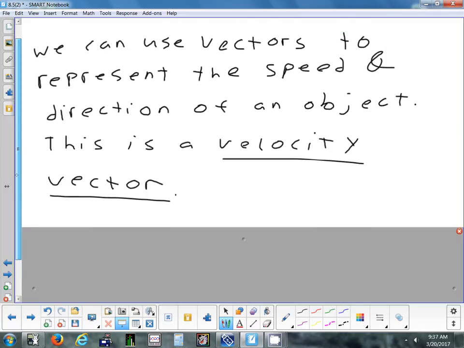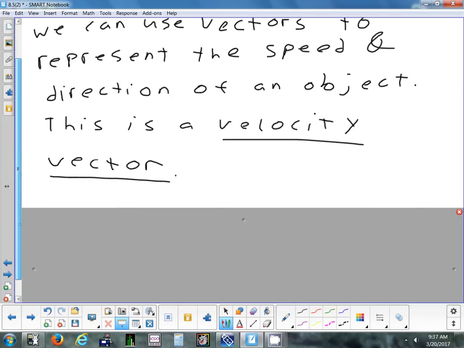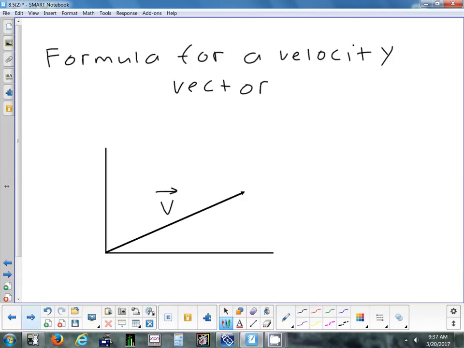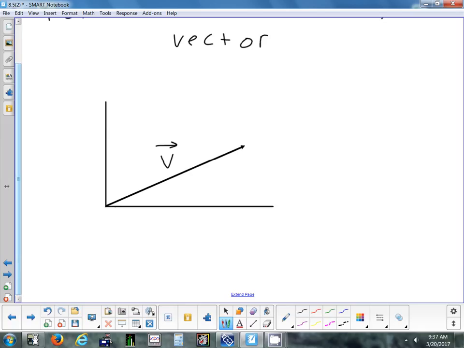So if you can come up with a vector that represents the speed and direction of an object, that's called a velocity vector. Okay, and that's what we're going to try to come up with next. All right, so first we've got to figure out the formula for a velocity vector.